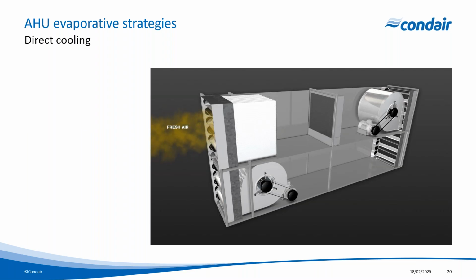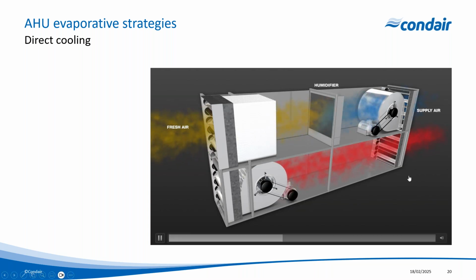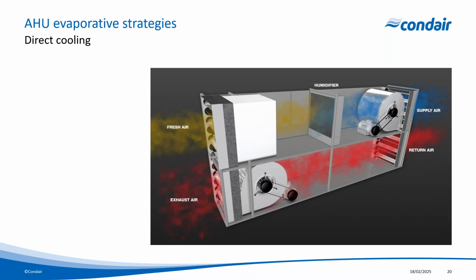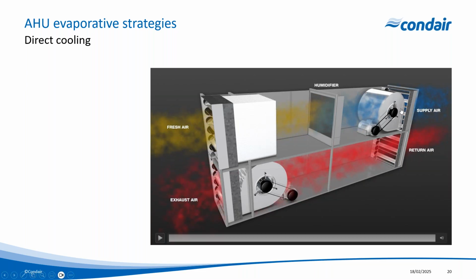So we'll start with the most basic, which is a direct evaporative cooling system. So in this case, we're taking fresh outside air, we're running that through a filter, and then through an evaporative or adiabatic cooling system. So if you remember, we're evaporating water to the air, resulting in a decrease in dry bulb temperature, as well as an increase in relative humidity, and that is being supplied directly into the space.